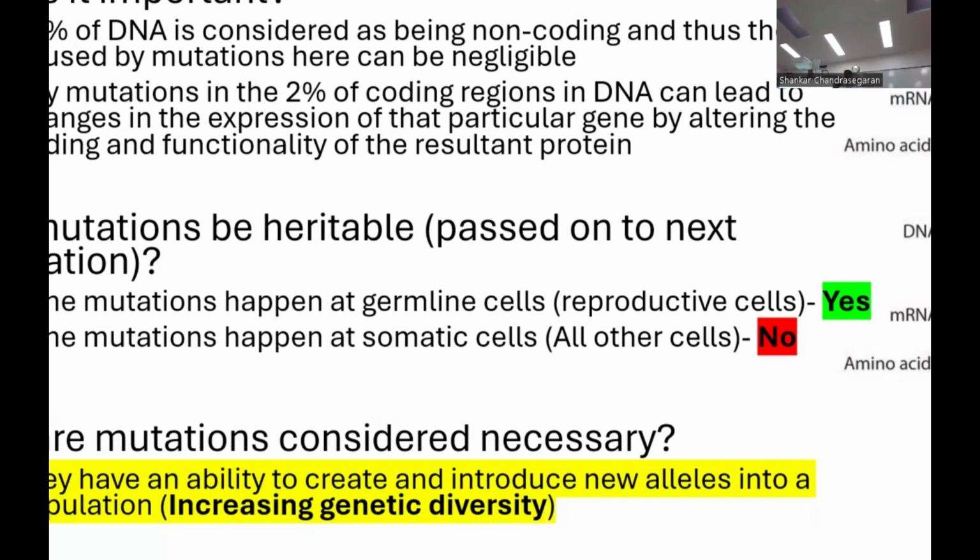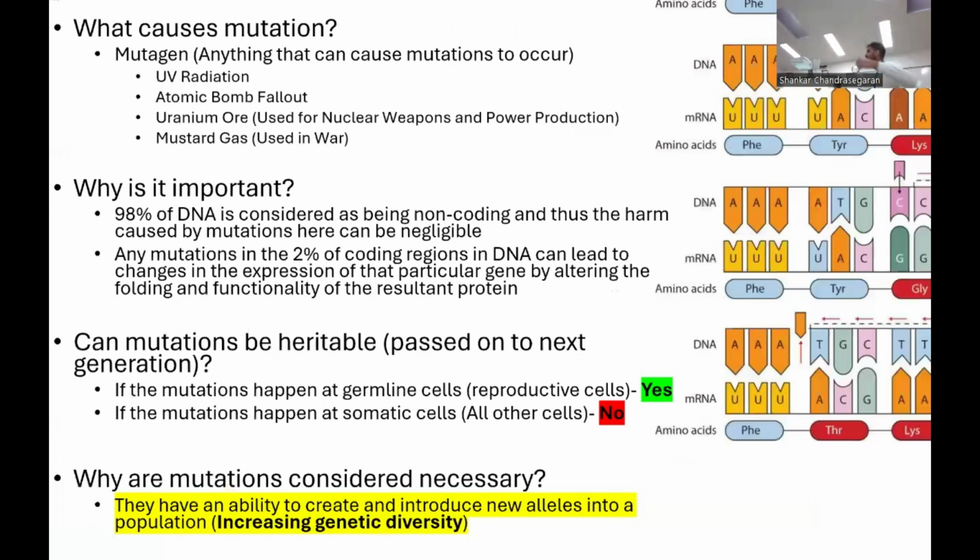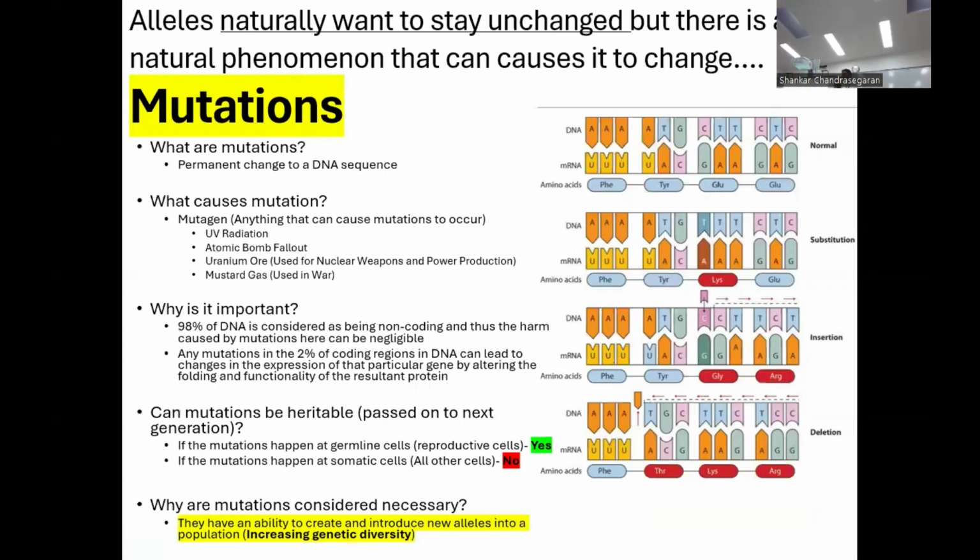Whereas any other cell in your body, the somatic cells, they're not going to be passed on to the next generation. So any mutation that happens at somatic cells will not be passed on and will not be considered as being heritable. Right? So make sure you guys can always use the words germline and somatic because they will use those words instead of reproductive cells or any other cells. So you need to be able to understand what a somatic cell is and what a germline cell is.